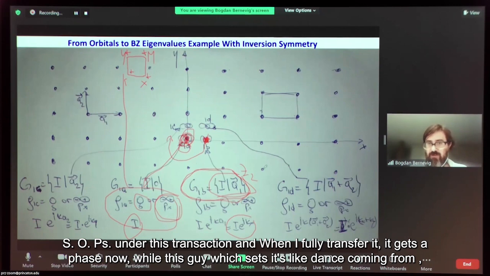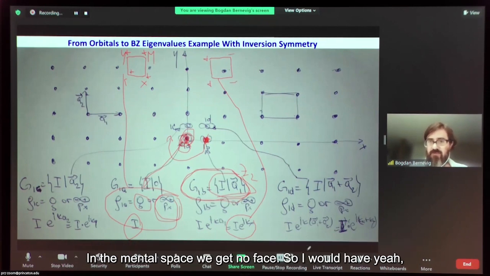However, here the Fourier transform has done something, okay? The S orbital would have plus here and plus here, because kx is 0, but minus here and minus here. So the band induced by an S orbital, with whatever hoppings you like, would have to have these eigenvalues in momentum space.